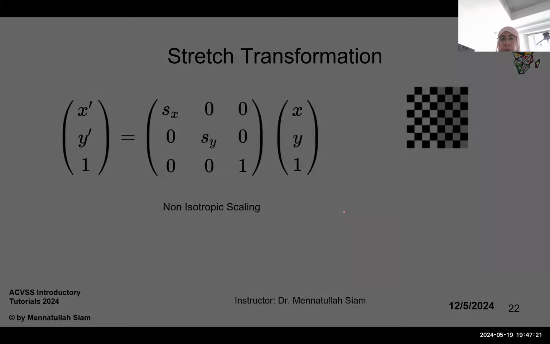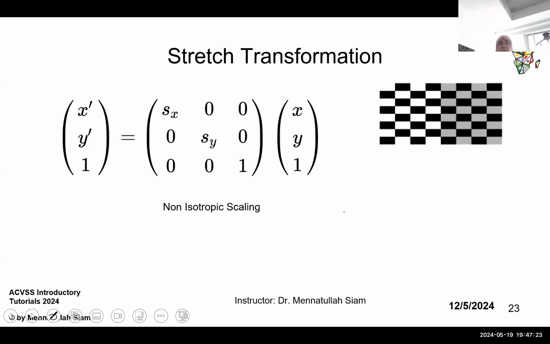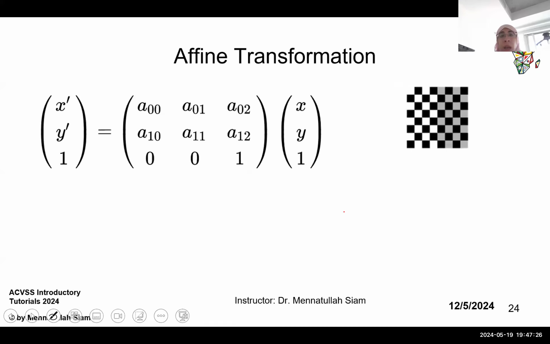So the affine transformation. Affine transformation is a 2x3 matrix here. This 2x3 matrix describes different forms of affine transformation. So anything with non-isotropic scaling, like once we have seen the similarity transformation.